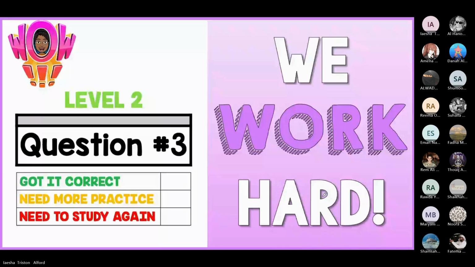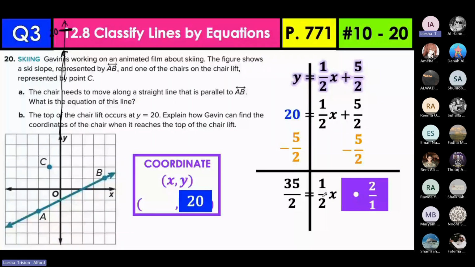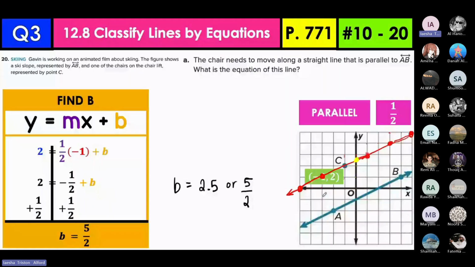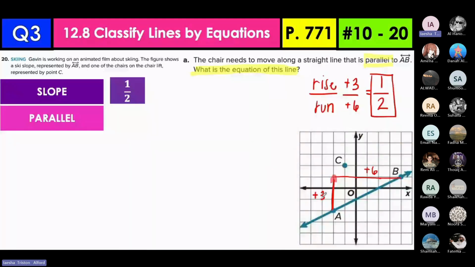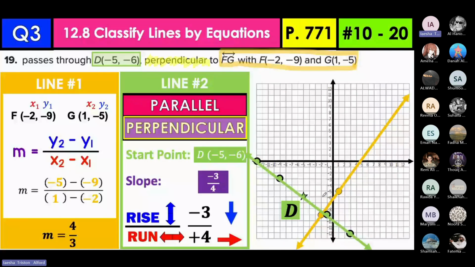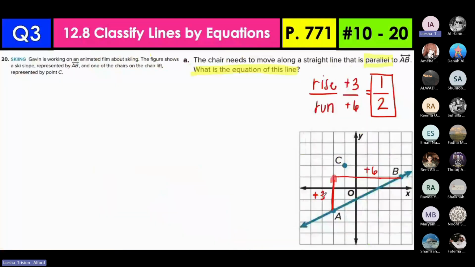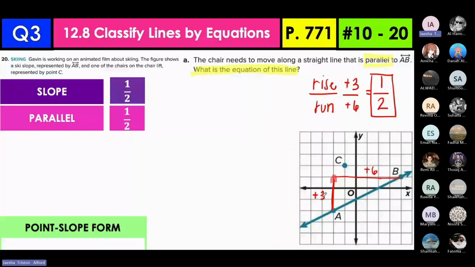So for question number 3, maybe they're going to give you not this word problem, but the ones we did before. So like this. You should study this one and also study about the horizontal and vertical.